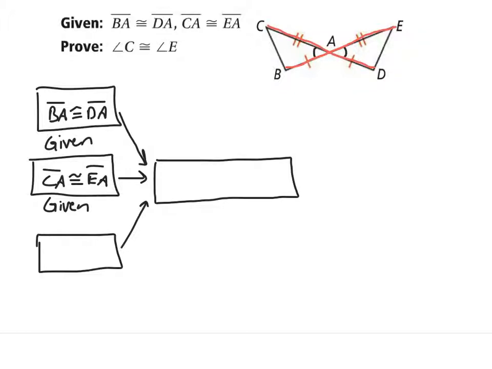So please make sure that they are actually straight lines or straight segments before you try to say that you have vertical angles. These are, so yes, we can say angle CAB is congruent to, oops, not triangle, is congruent to angle EAD because of the vertical angles theorem.